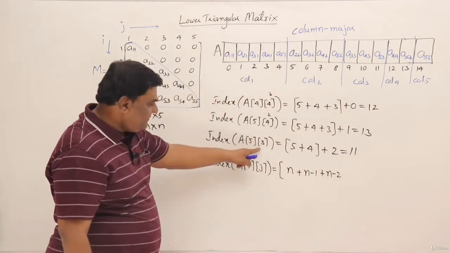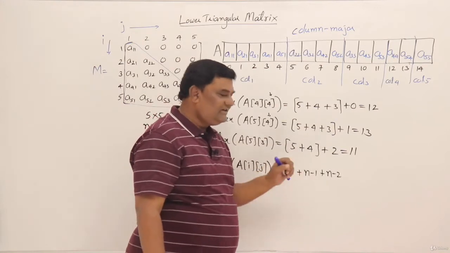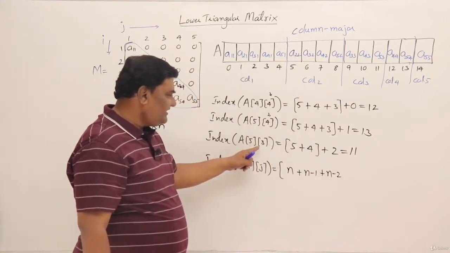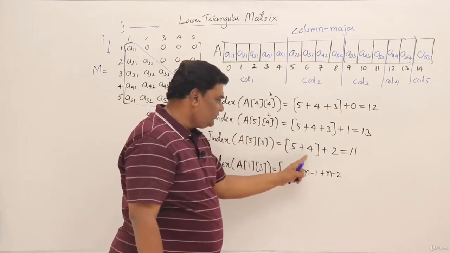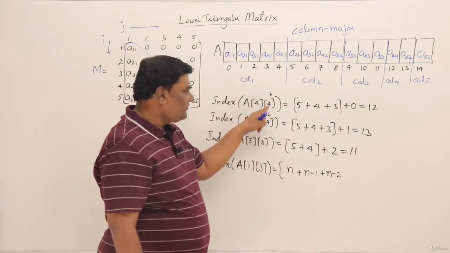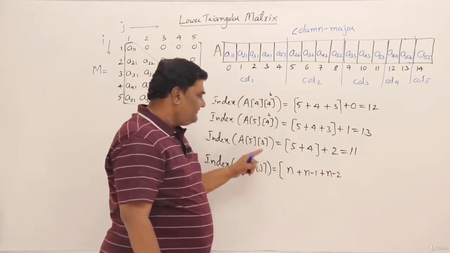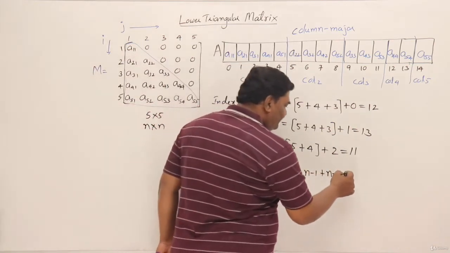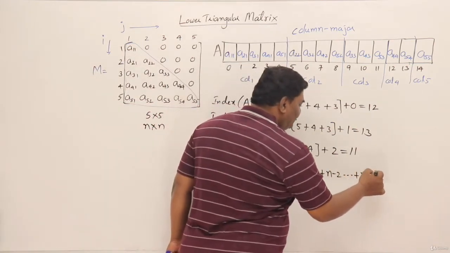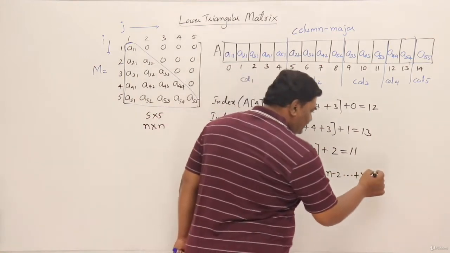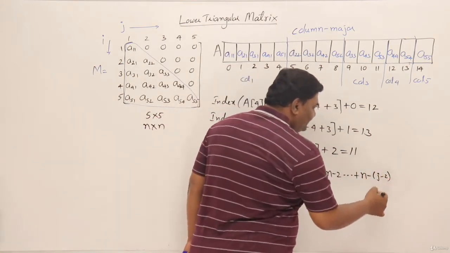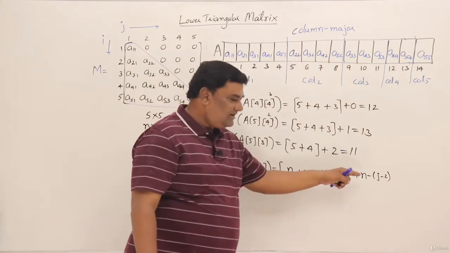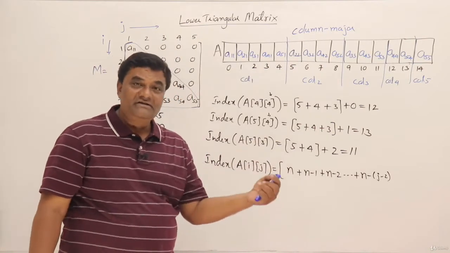Then for 3, how much is it? n, then n minus 1 only. So for 4, it went up to 2, and for 3, it is just n minus 1, only 2 terms are there. So for 4, it was 2 times less, and for 3 also, it is 2 times less. So for the general form, this will go up to j minus 2 times. So n, n minus 1, n minus 2, going on up to n minus of j minus 2.